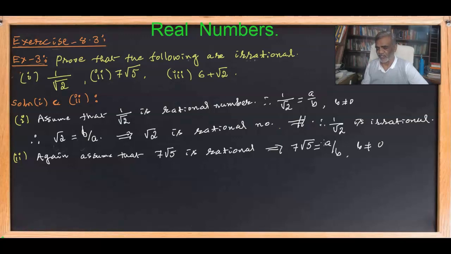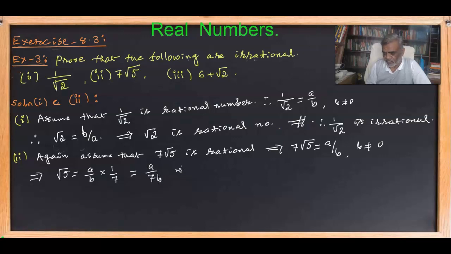It is a fraction, that is a rational number. And this implies that root 5 is equal to a by b into 1 by 7, that is a by 7b, which is rational, because b is an integer, 7b is an integer, a is an integer, and an integer divided by an integer is a rational number.